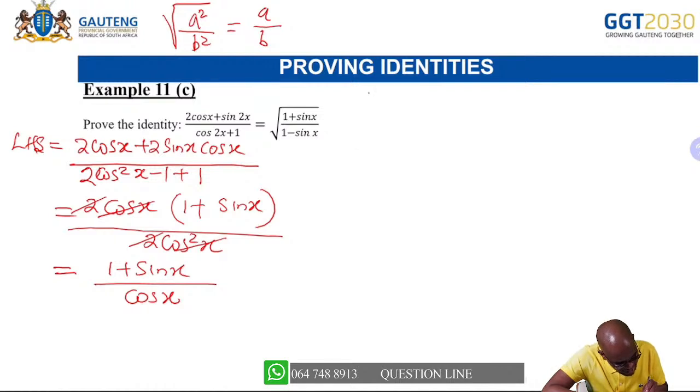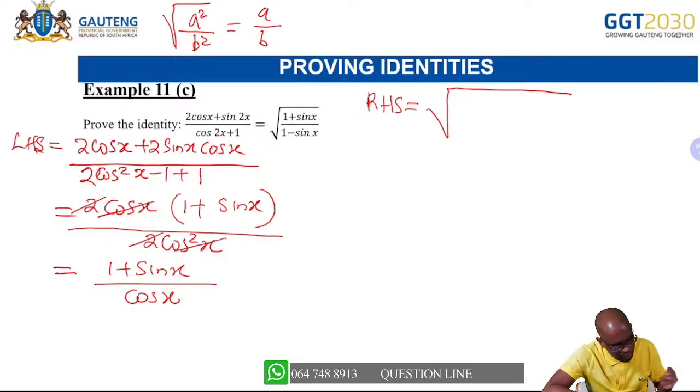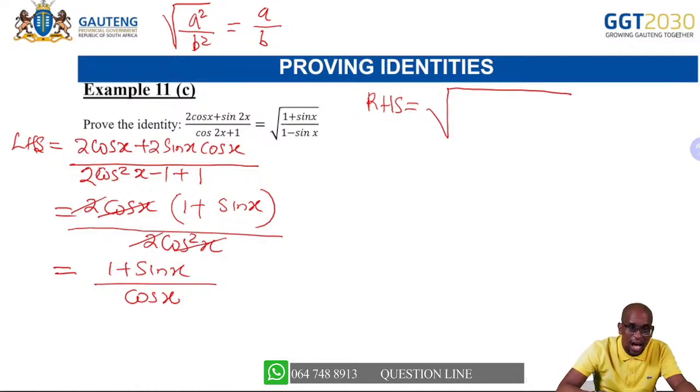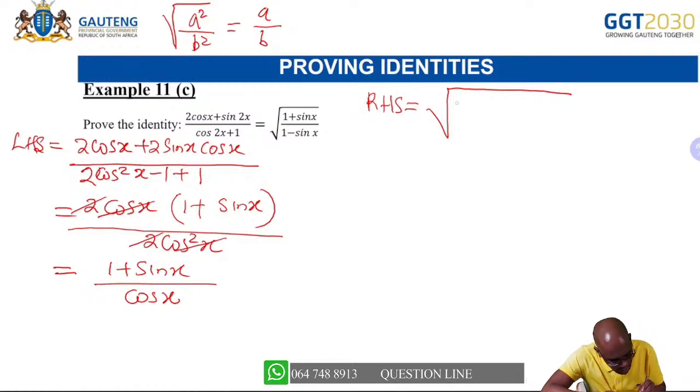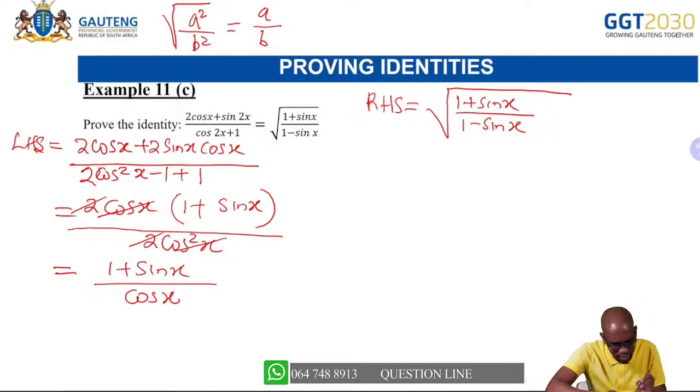However, on the right hand side, I have a square root like that, and I want to then make use of what? The conjugate. 1 plus sine x over 1 minus sine x. In order for me to achieve these perfect squares, I can make use of the conjugate.